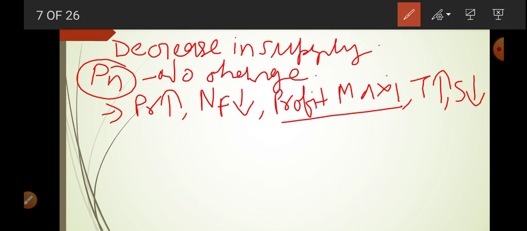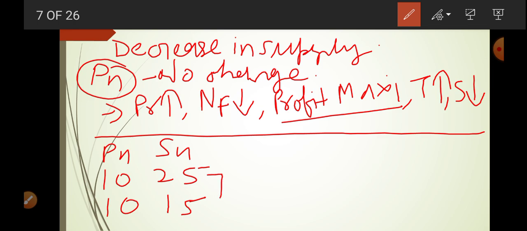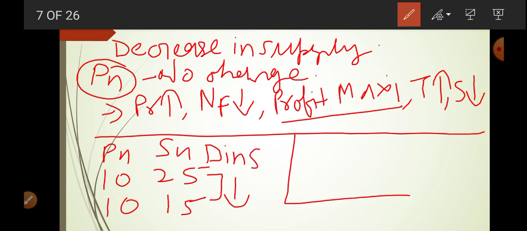So if these are the reasons for decrease in supply, this is the price of X and this is the supply of X. Price is 10, supply is 25. Now price is again 10 but supply is only 15. So this indicates decrease in supply. If I represent it graphically, here is quantity supplied, here is price.